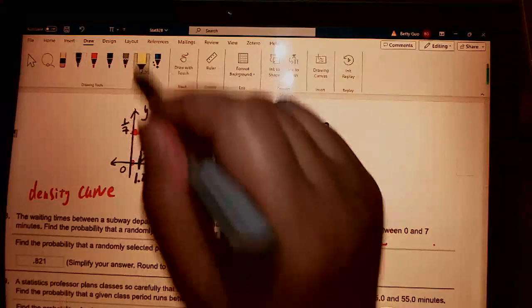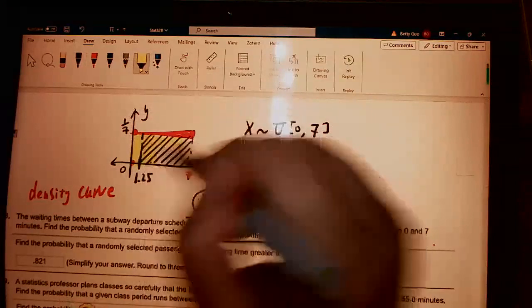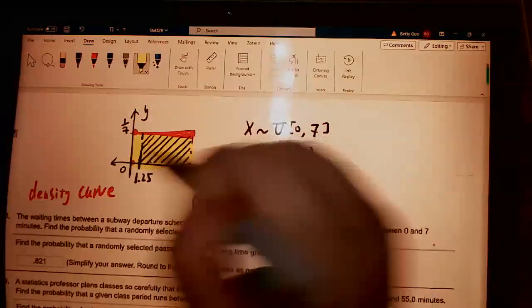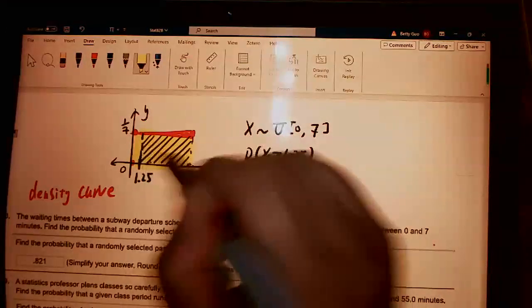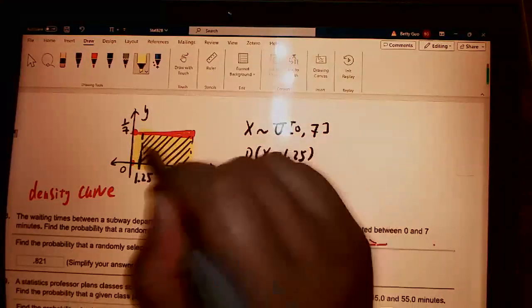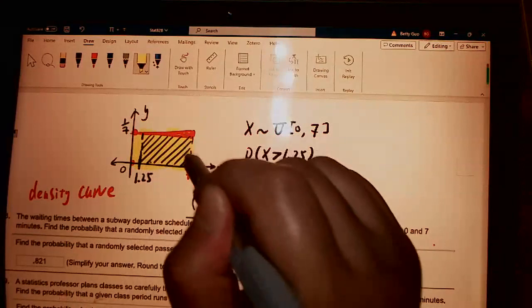Because the yellow region, let me highlight the yellow region, has to have an area of 1. Since the length of the rectangle is 7, the height of the rectangle has to be 1 over 7, right?